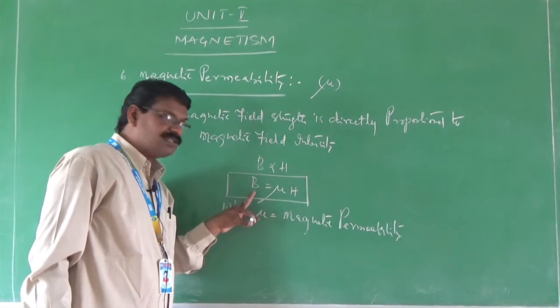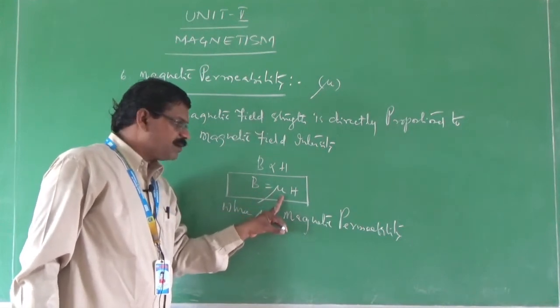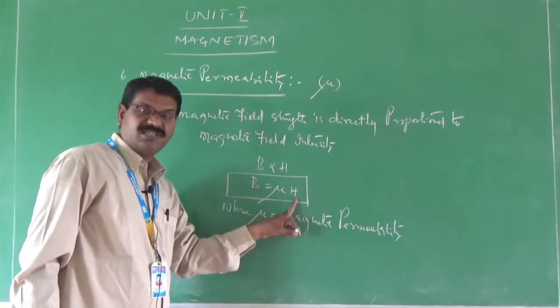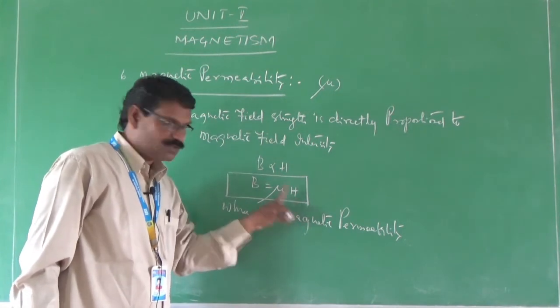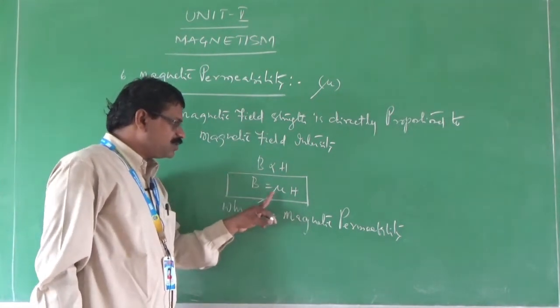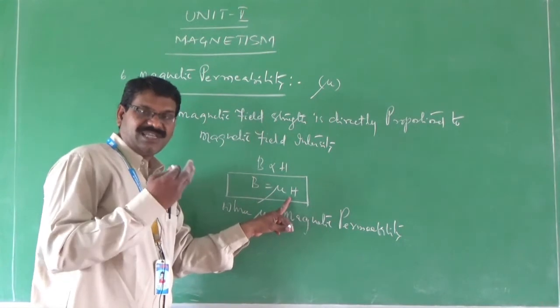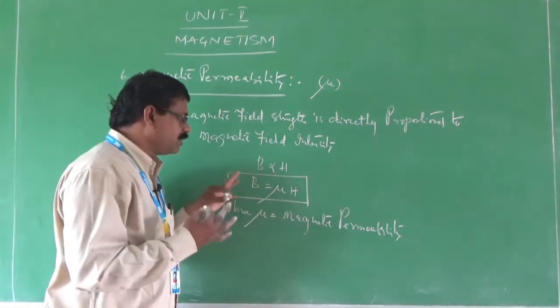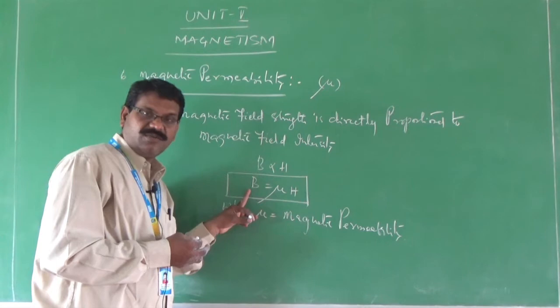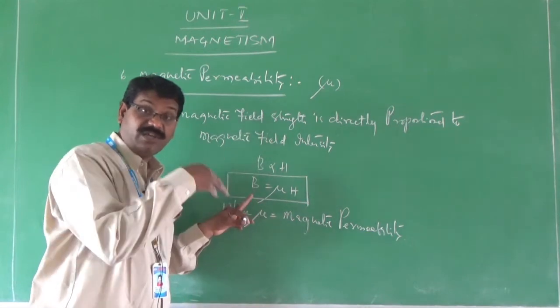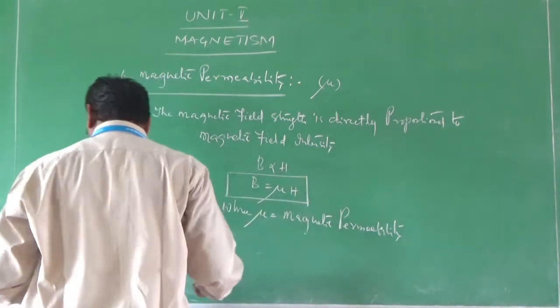My magnetic field strength is in the medium, my magnetic permeability is in the medium, and my H, the magnetic field intensity, is also in the medium. So this relation B equal to mu H exists in a medium. Now suppose the same relation is expressed in free space. How do we represent this? Let us see this.